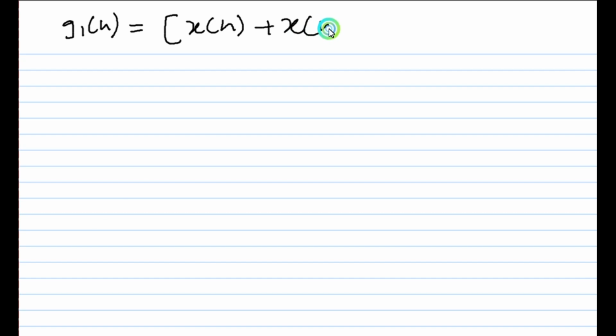So let me first break down g1 of n, and I guess g1 of n was given as x of n plus x of n plus N by 2. So I will break it down into two parts, even and odd.